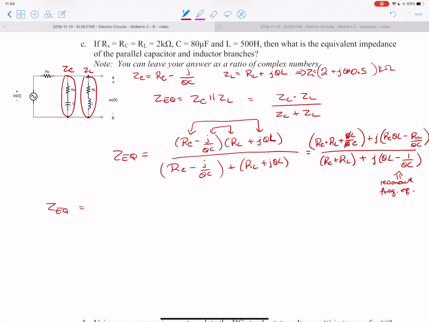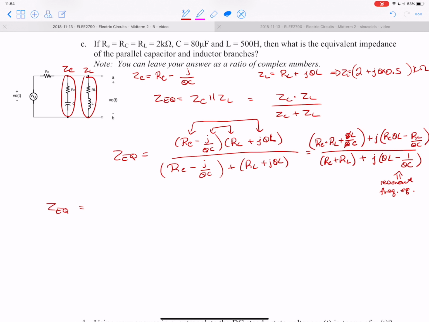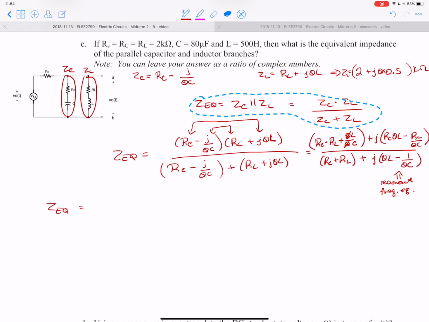And let's do the same thing for ZC. Moving this over slightly, again, giving us a little bit more space. This is equal to 2 minus j over omega times 80 microfarads.